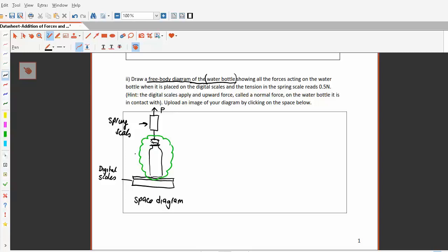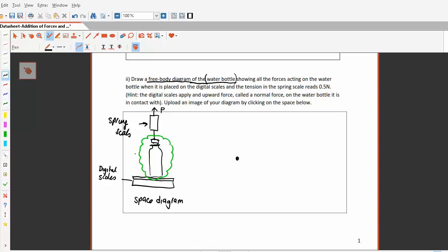I will represent everything inside this green cloud as a single point, because this is a free body diagram of the particle representing the water bottle. By particle we mean something that has no dimensions. It's basically represented by a point. So we've shrunk this into a point, and now we're going to see what forces are acting on it.